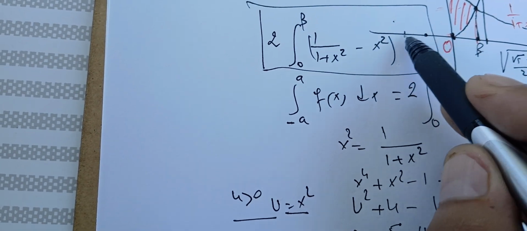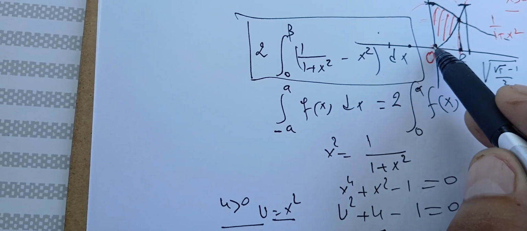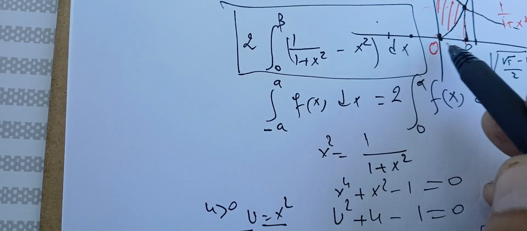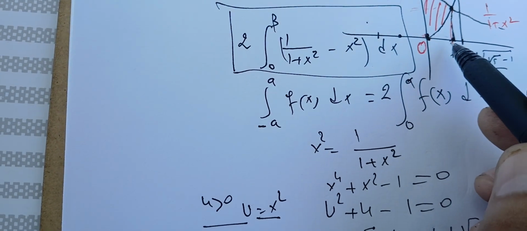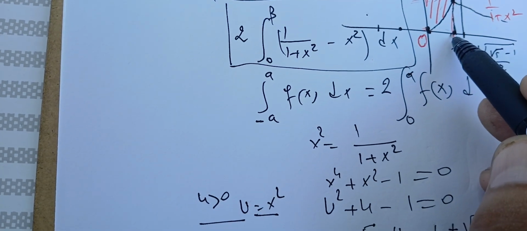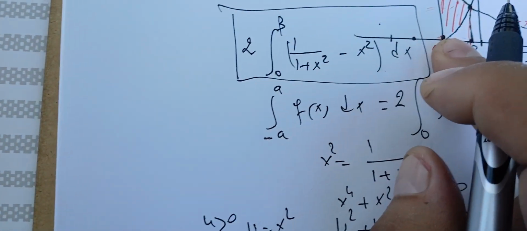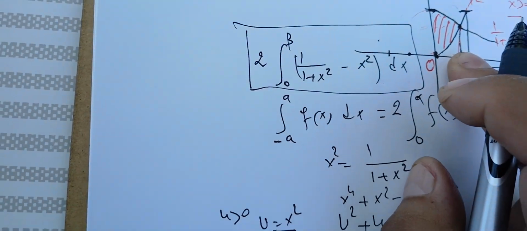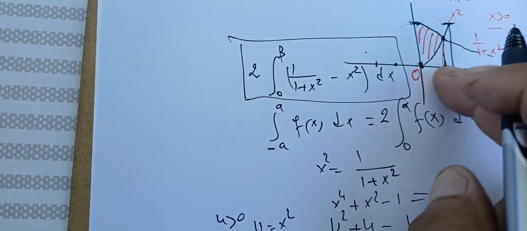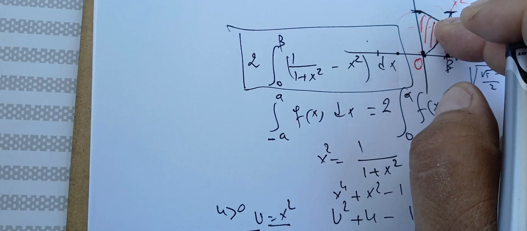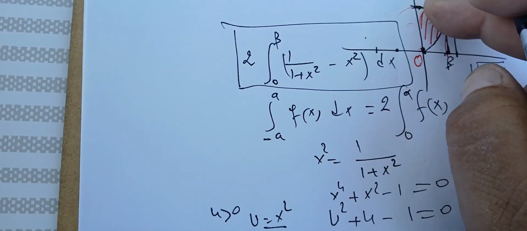But I'm not interested in that, so I can integrate between 0 and beta and multiply the integral by 2. So I need to compute the integral between 0 and beta of the difference of these two functions, and after that I multiply it by 2.